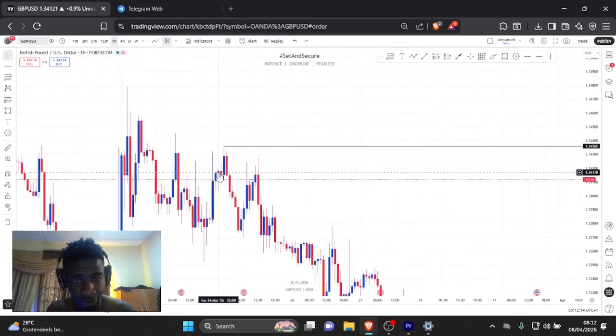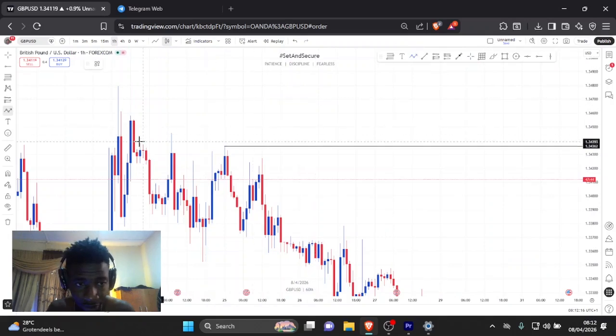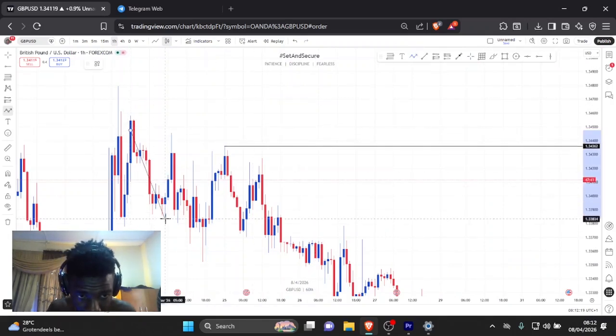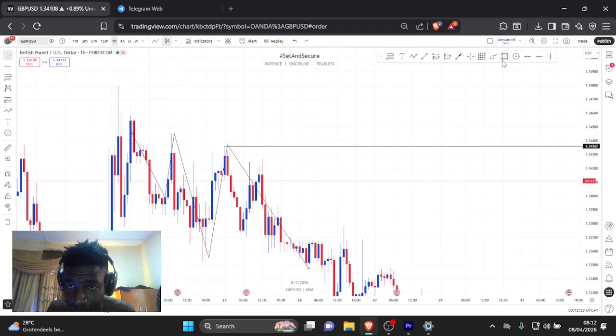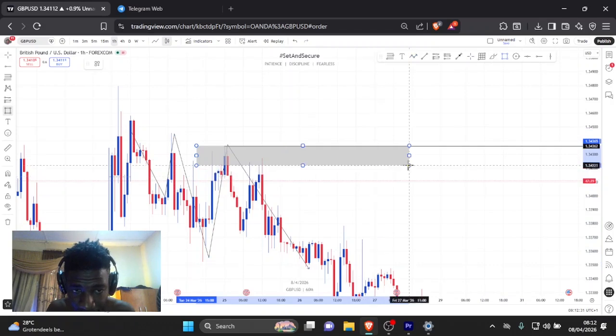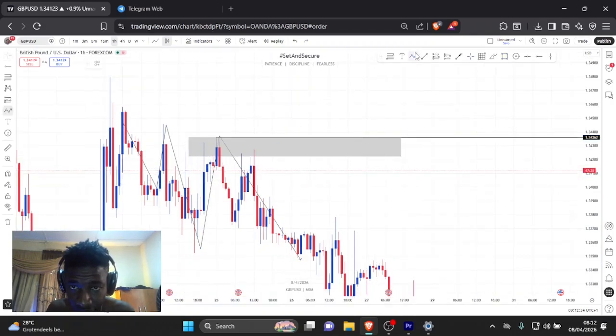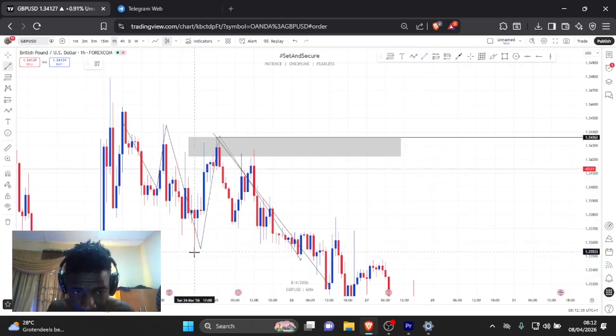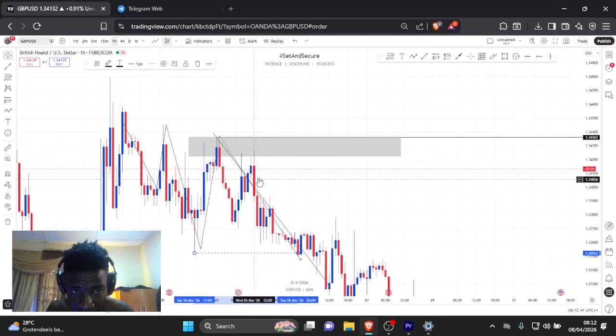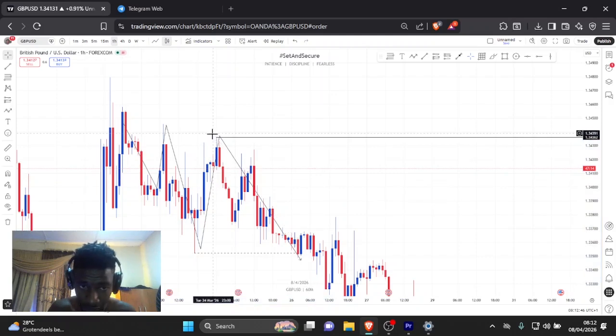That counts as a protected high, because if we are to do this, this was movement that created this break here. This was movement, so this is the origin of this movement. So it's going to be the protected high of this point.